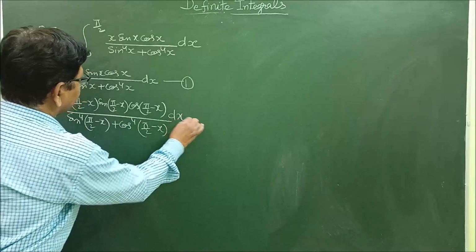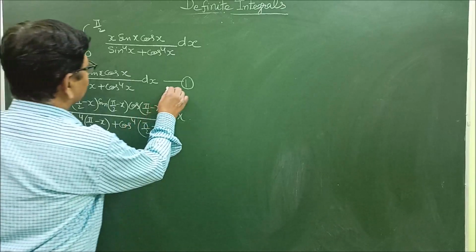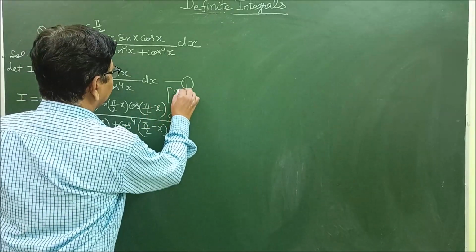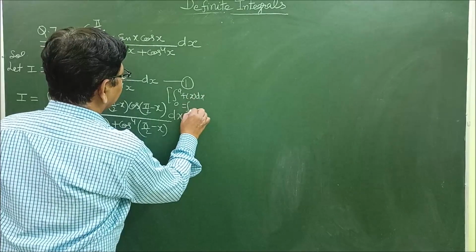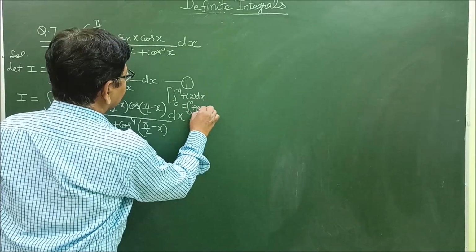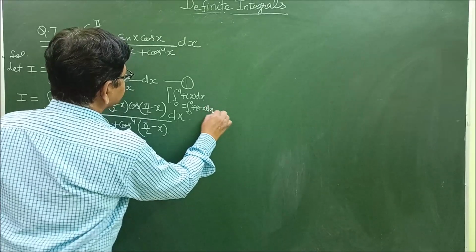So here I have used the property 0 to a f x dx is equal to 0 to a f a minus x dx.